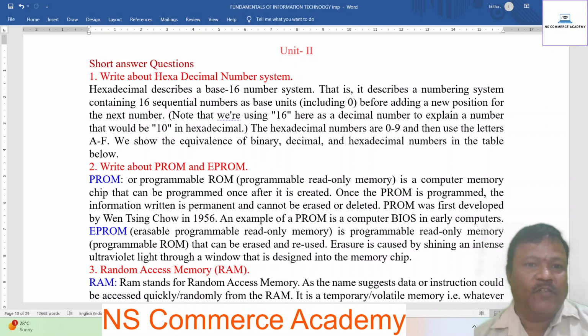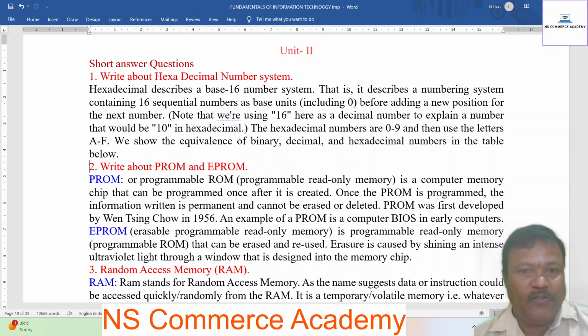Hexadecimal number describes a base 16 number system. That is, it is a number system containing 16 sequential numbers as base units including 0 before adding a new position for the next number.